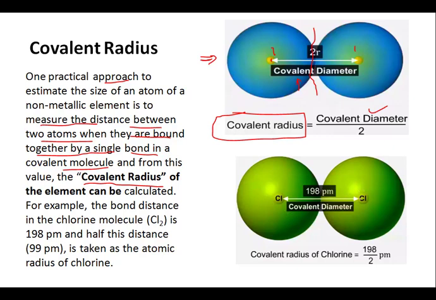The distance from the center of one atom to the other, that is its covalent diameter, is 198 picometer. Now what will be the covalent radius of the chlorine atom? The covalent radius will be 198 divided by 2, that is 99 picometer. So half of the internuclear distance between two atoms bonded by a covalent bond is called the covalent radius.